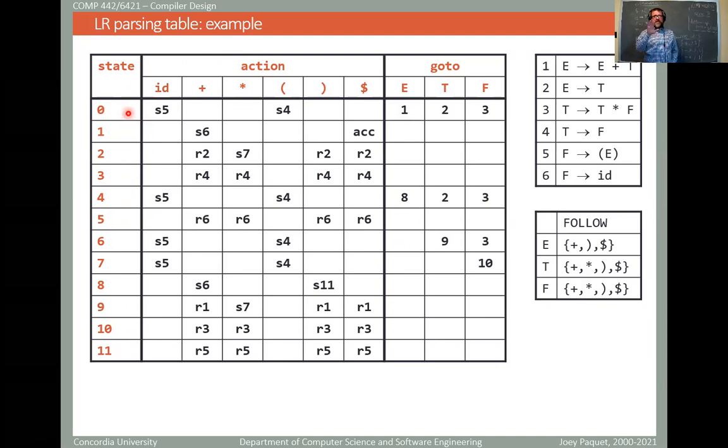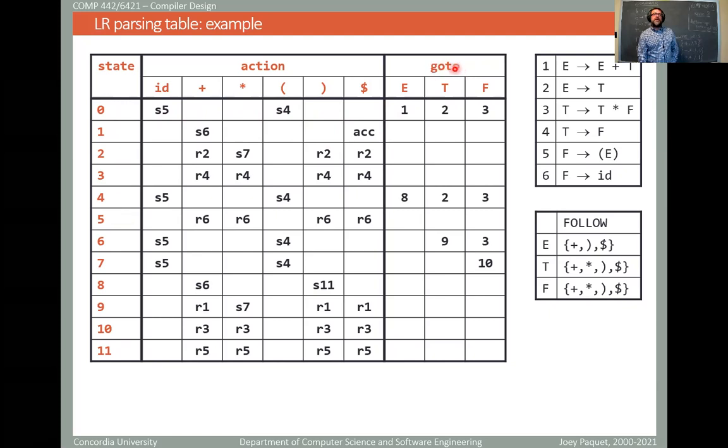Here, just take for granted that we have this table. So for this particular grammar, there are 11 states. Then in the action part of the table, you have one column for every one of your terminal symbols, much like you had in the LL1 parsing table, except that in the LL1 parsing table, what you had at each row was the non-terminal symbols. Here, it's the states of your FSA.